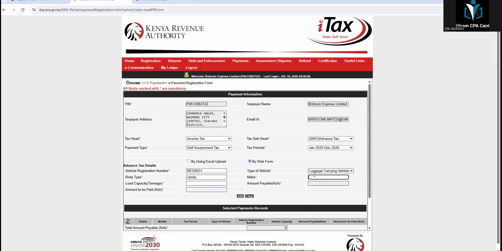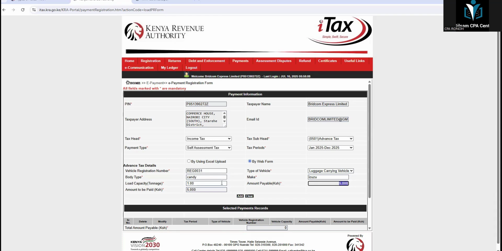The maker is the company manufacturing, for example, Isuzu. And then the capacity tonnage. So let's say one tonnage. If it is 1 tonnage, you can see they will pick the set limit of 5,000.